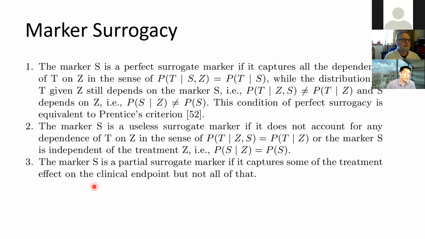A marker we identify, especially if we're looking at immunological biomarkers, can be a partial surrogate marker if it captures some of the treatment effect on the clinical endpoint, but not all of it, especially when the clinical endpoint is a composite endpoint.